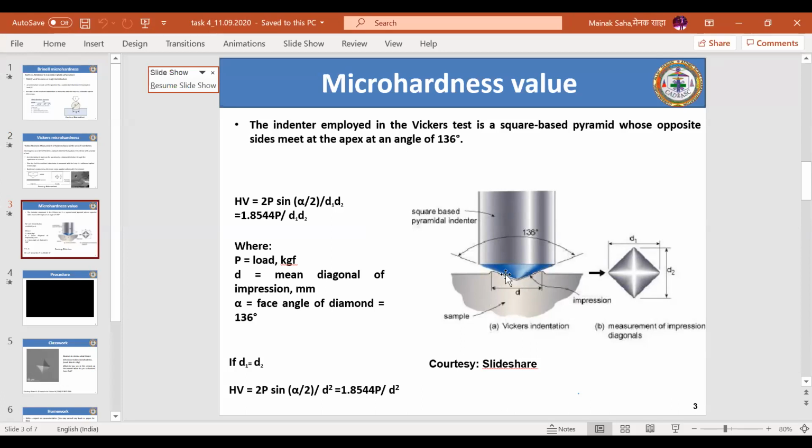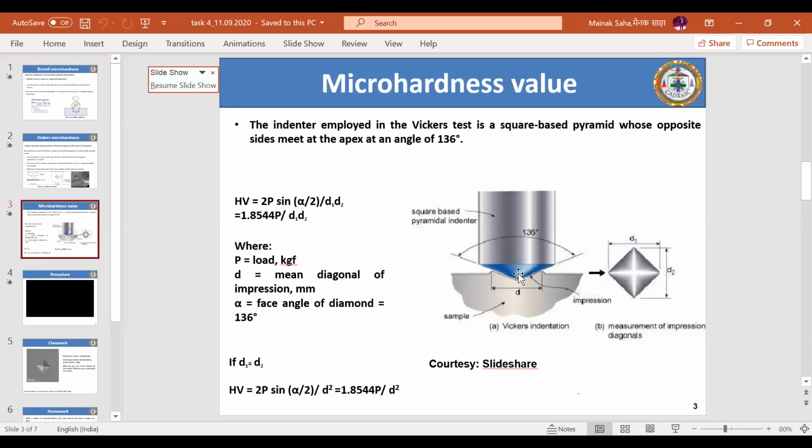If you look at the included angle between the opposite faces of the pyramid, it is actually 136 degrees. So this is the geometry of the Vickers indenter.